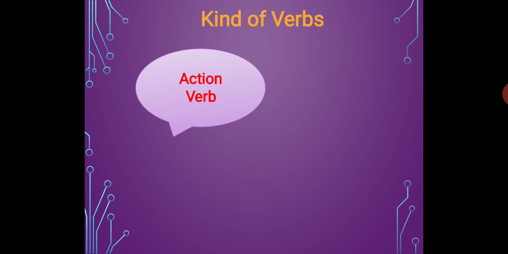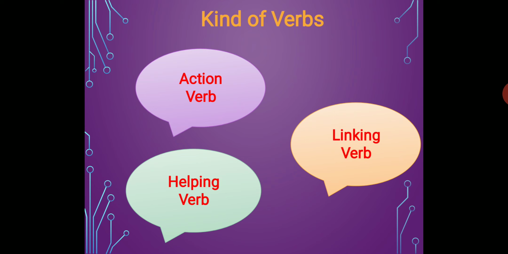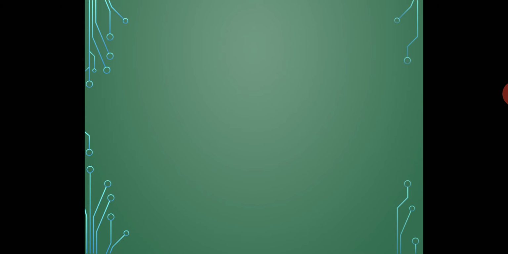Now, do you know the kinds of verbs? Action verbs, helping verbs and linking verbs. In this lesson, we are only learning about the action words or doing words. Form of the verb.